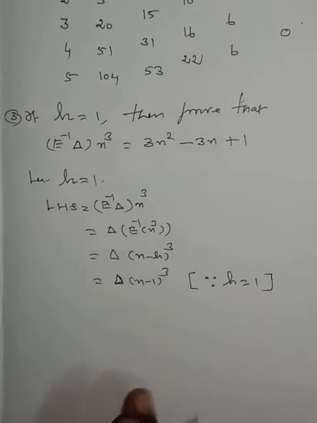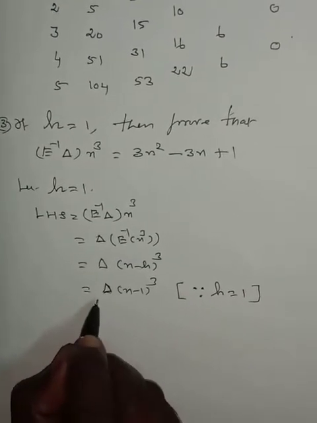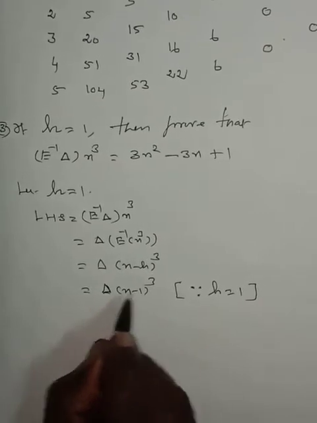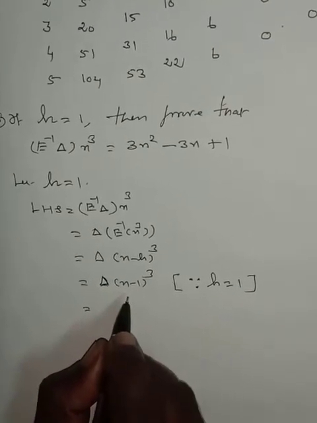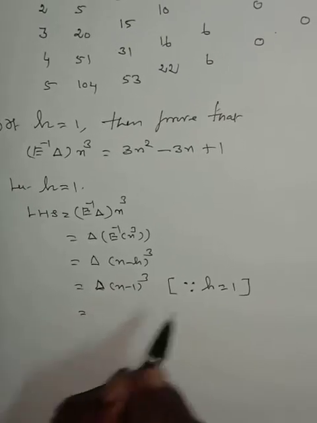Next, delta of x minus 1 whole to the power of 3. Delta f of x is equal to f of x plus h minus f of x.